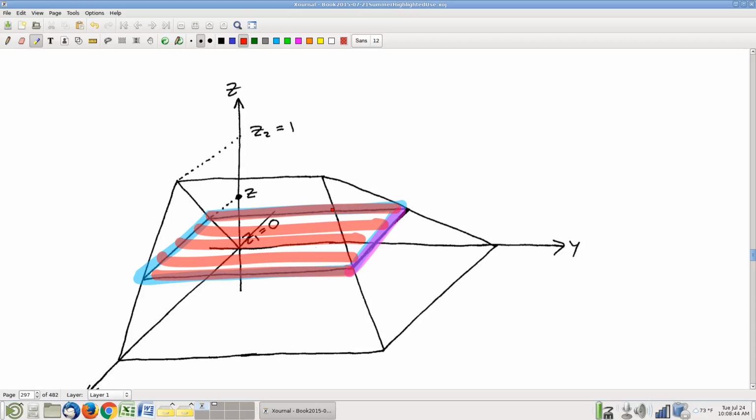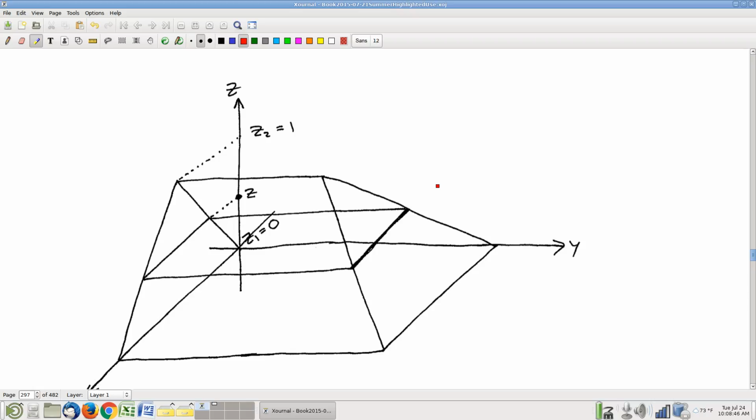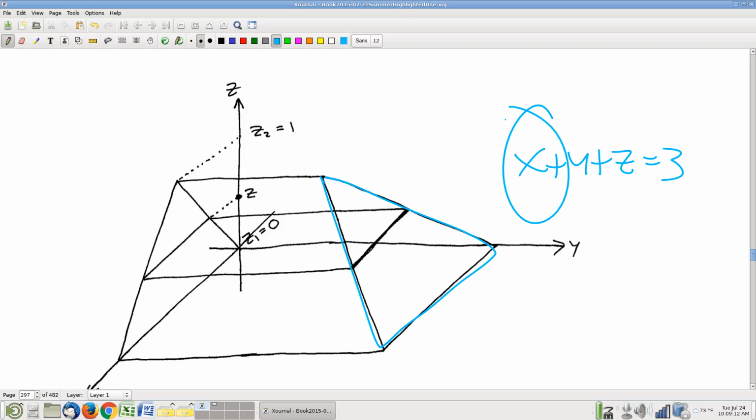I will point out that you might not get so lucky. Here's a variation of this question. Let's suppose that this plane here, instead of y plus z equals 3, what if it had been x plus y plus z equals 3? Well, then it wouldn't slice through parallel to the x-axis. Now x is in the equation. This plane is not parallel to the x-axis.